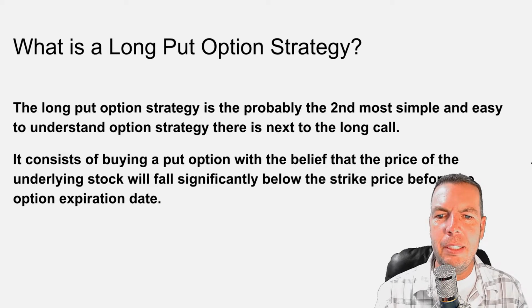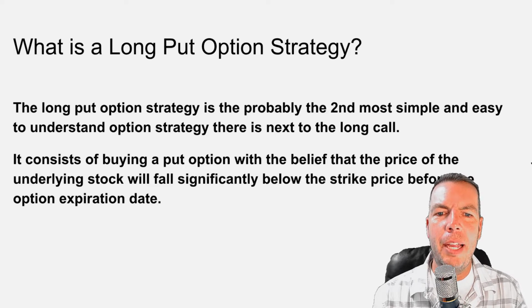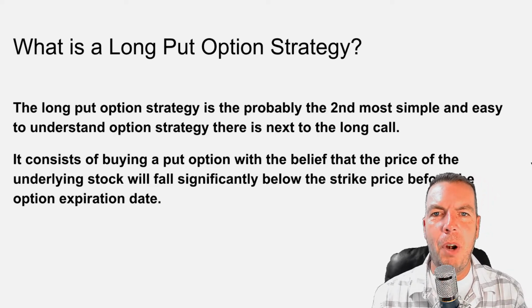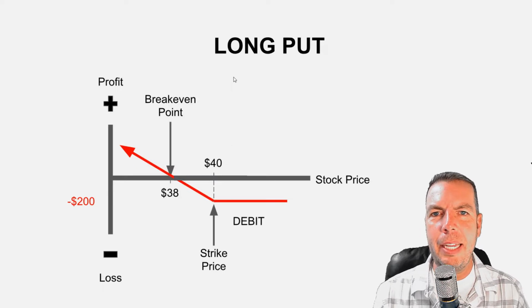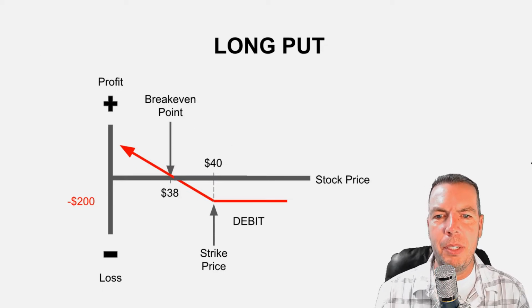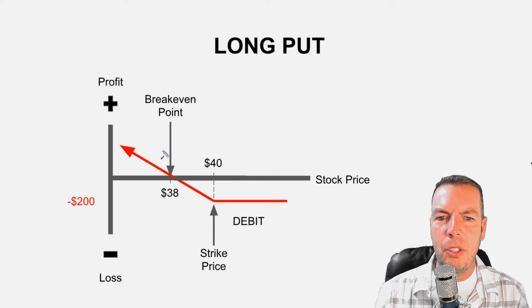It consists of buying a put option with the belief that the price of the underlying stock will fall significantly below the strike price before option expiration. Let's take a look at a profit loss diagram of a long put option. You can see we are expecting this stock to trade down.